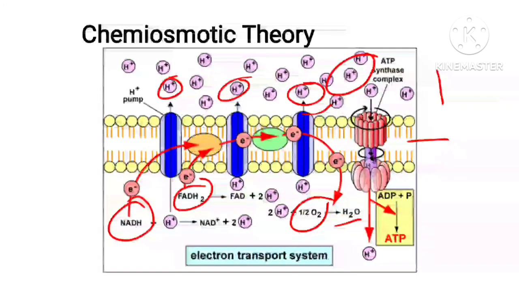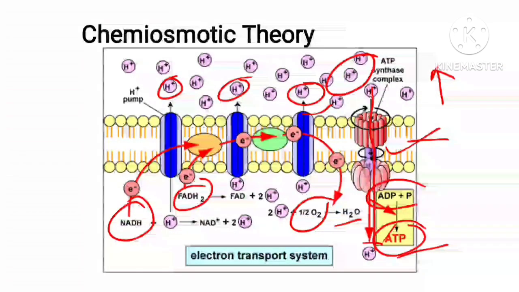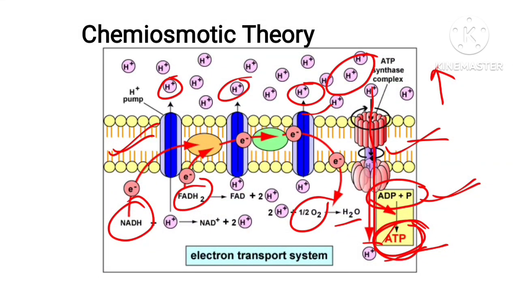The proton concentration is very high outside the inner mitochondrial membrane and less inside the matrix. The only way the protons enter the matrix is through complex 5. When protons enter through complex 5, the generation of ATP is catalyzed, by combination of ADP plus inorganic phosphate. So ATP is produced in the 5th complex. This process is called phosphorylation and the transfer of electrons is called oxidation. So oxidative phosphorylation is a coupled process, in fact a very tightly coupled process.